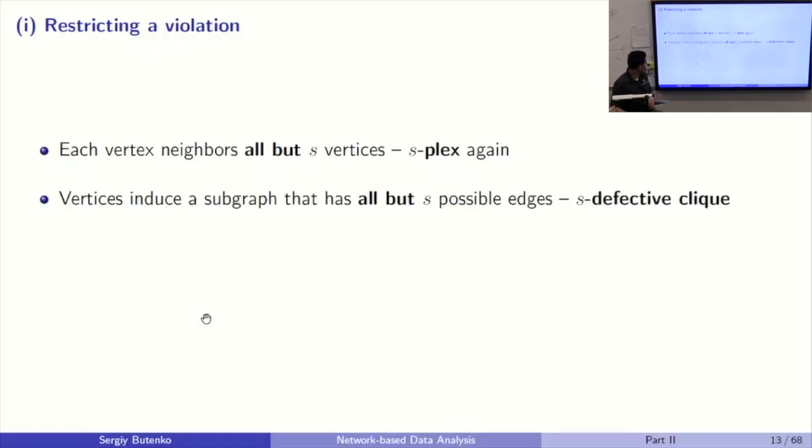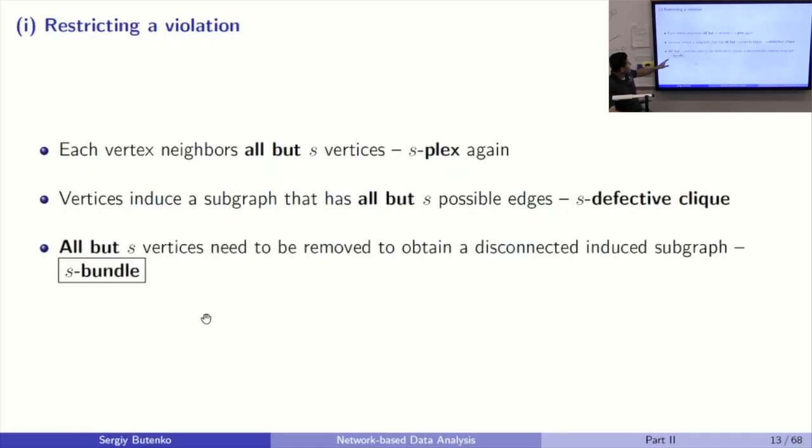It underlines its importance. Then vertices induce a subgraph that has all but S possible edges. In the definition of a clique, it was all edges. We replace it with all but S. We obtain S defective clique, right?